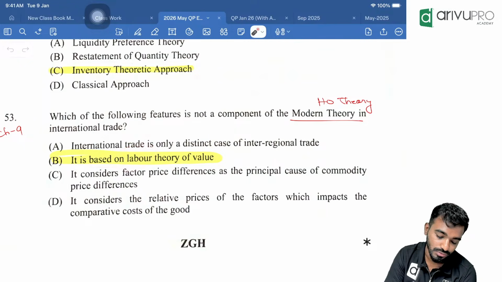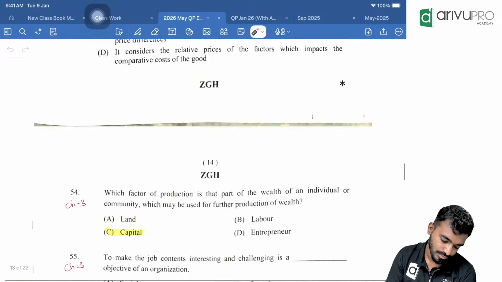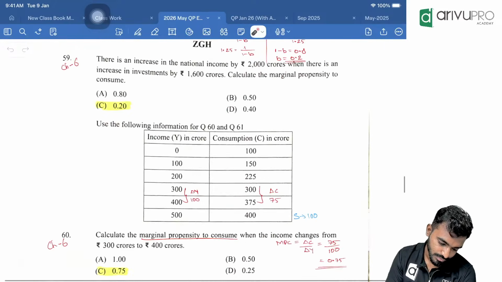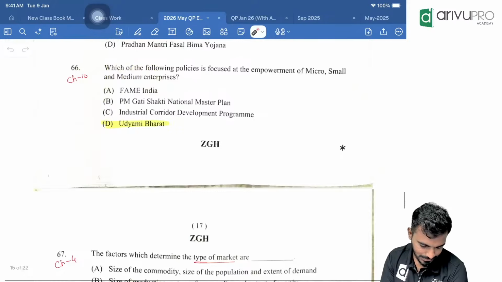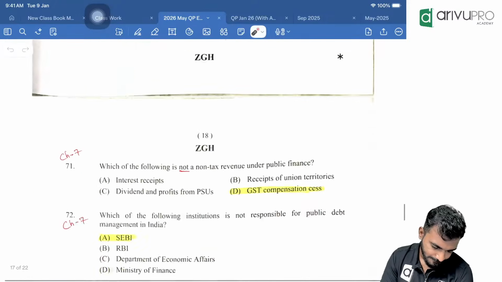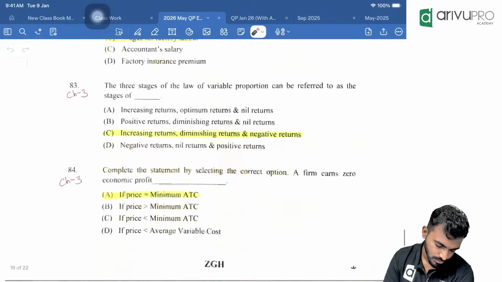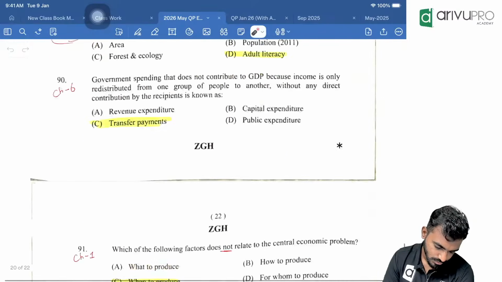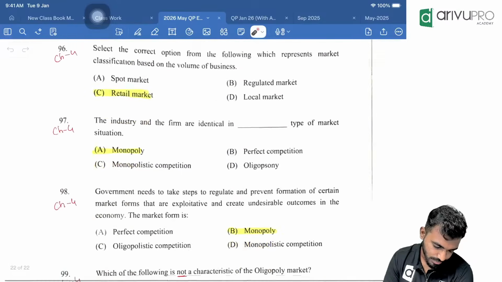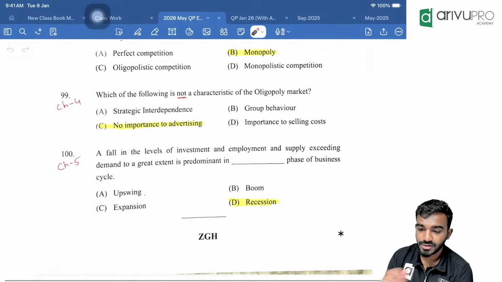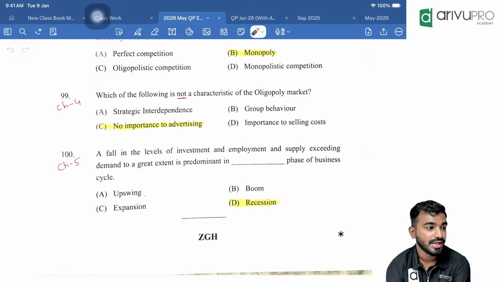So this is not based on the HO theory. Yep, by this we have successfully completed even chapter 9.